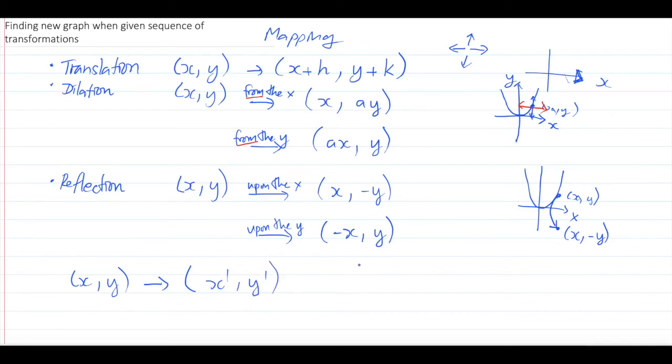Now, of course, x prime and y prime is given by some kind of transformation, right? So x prime is the old x, the original x right here, with some transformation on top of that. So maybe x plus h, and then divided by a or something, and then maybe this is a times y, all that kind of transformation that we covered up here.